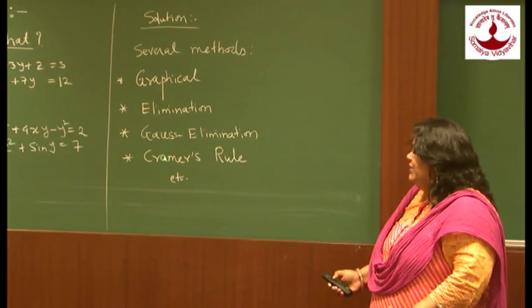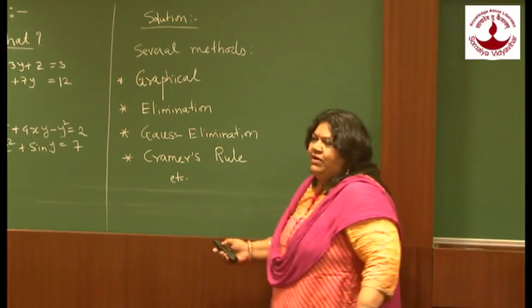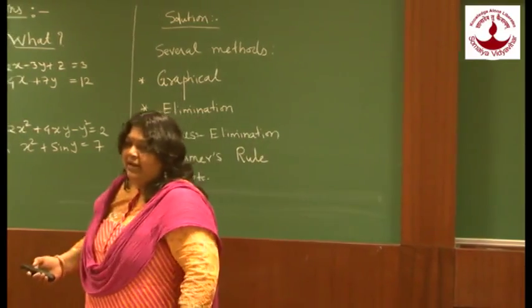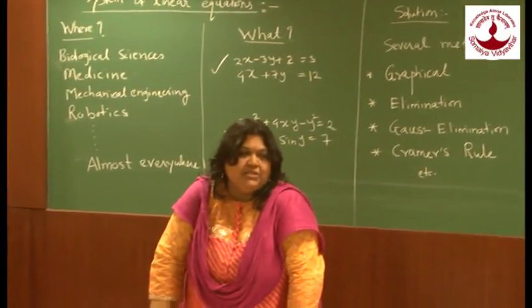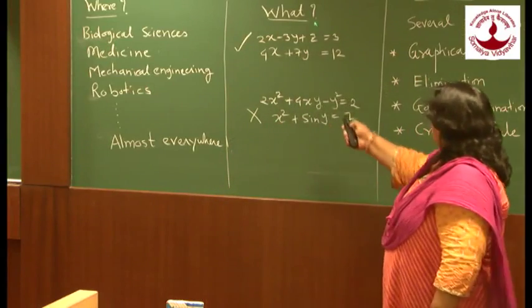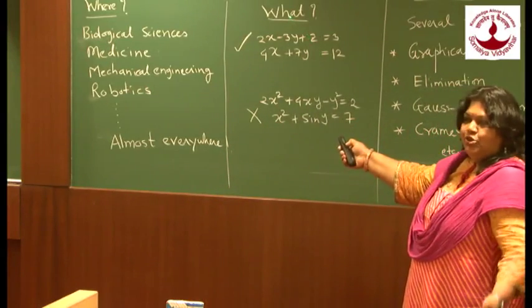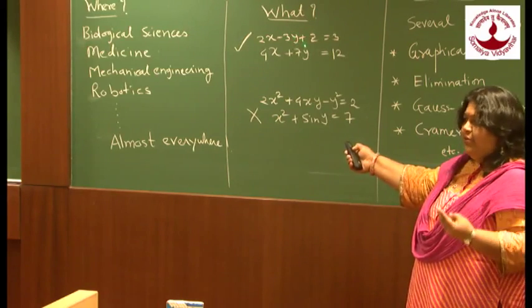And also there is a method called Cramer's rule. However, there are lots of conditions in Cramer's rule, like the first condition that the number of equations and number of variables must be equal, which means, see, the system which I have taken does not have equal numbers of variables and equations. 3 variables, 2 equations.